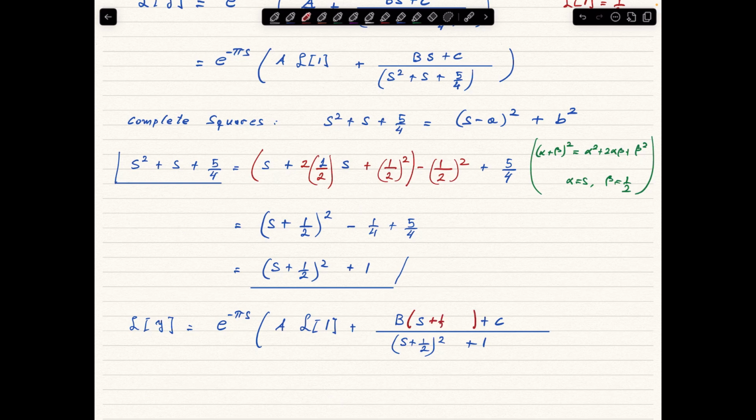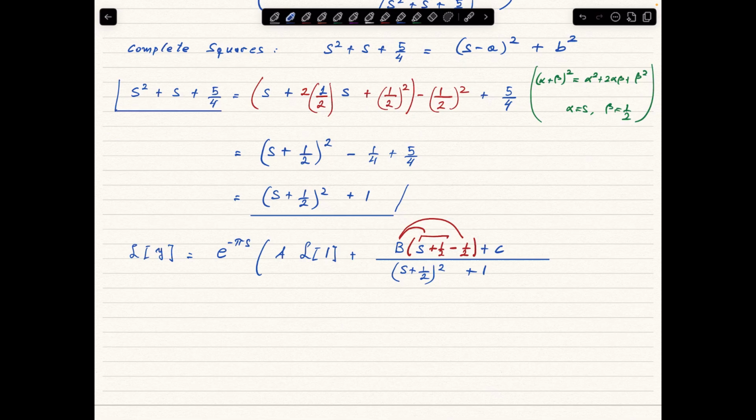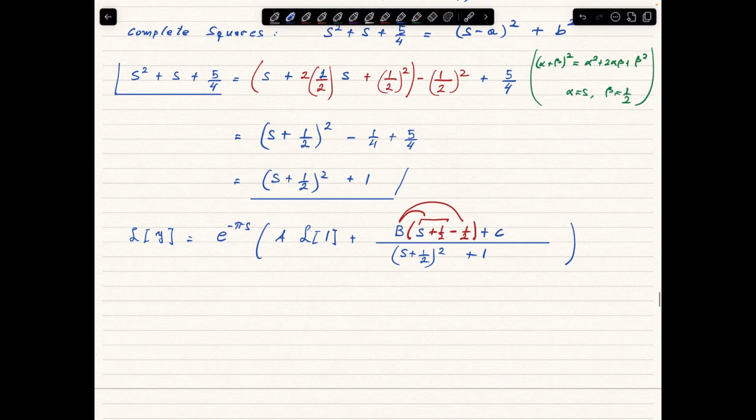Plus 1/2 minus 1/2. I want the same shift I have in the denominator, I want it in the numerator. So I'm going to consider these two terms as one term. I'm going to put parentheses, and I'm going to multiply b by that and b by this, the other term. I still need to close the last parenthesis.